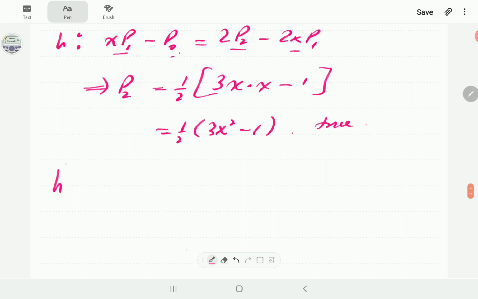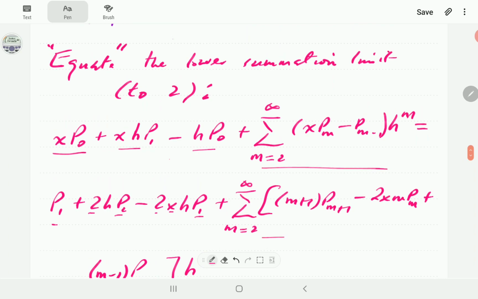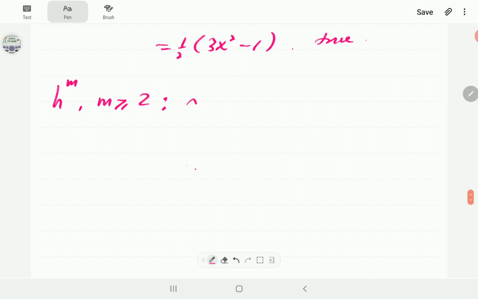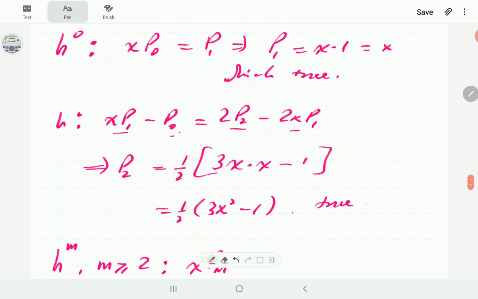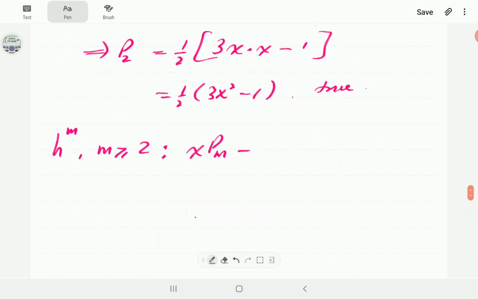Then we're going to do h to the power m, where m is starting from 2 and going upwards. So that's going to be these terms now. The coefficient of h to the power m on the left hand side is this one. So we're going to have x p_m minus p_{m-1}.